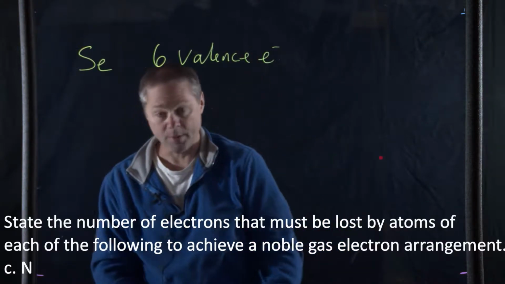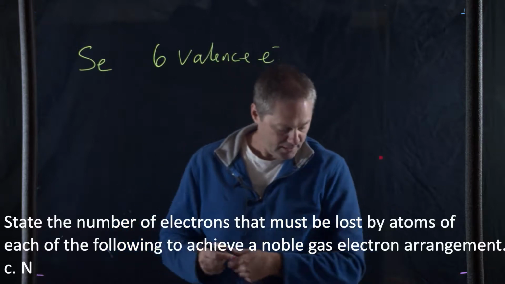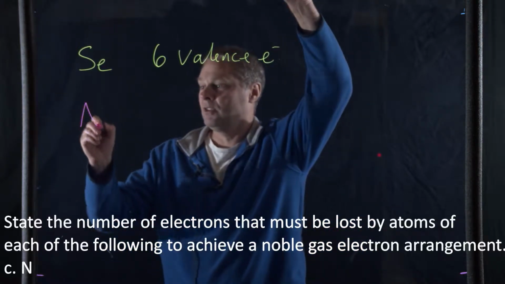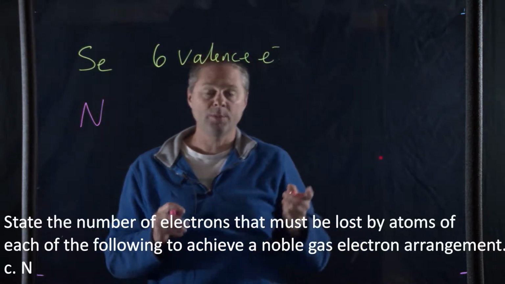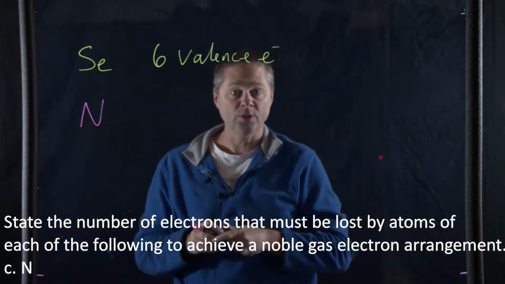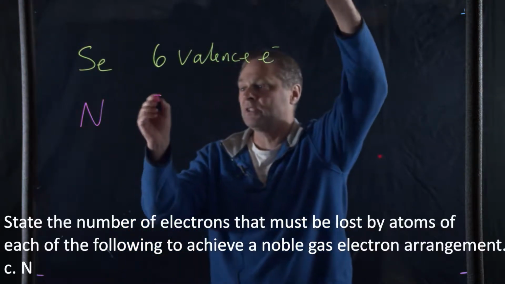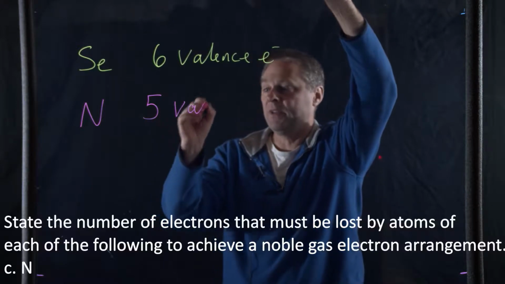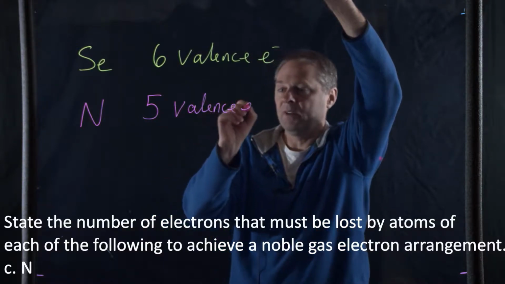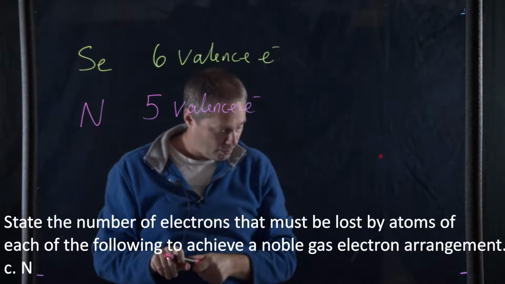All right, to save time, I won't erase. The next one is going to be nitrogen. And so nitrogen is going to be just to the left of oxygen. It's going to be in the 5th group, and so it's going to have to lose 5 of its valence electrons in order to have a noble gas arrangement.